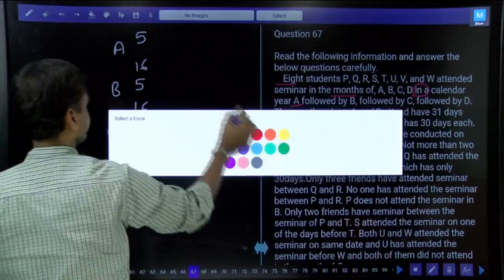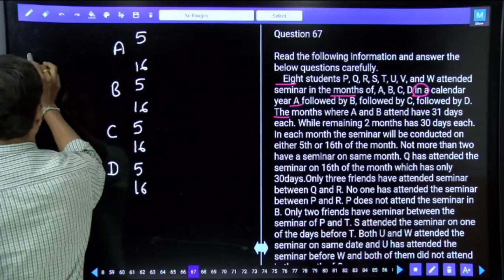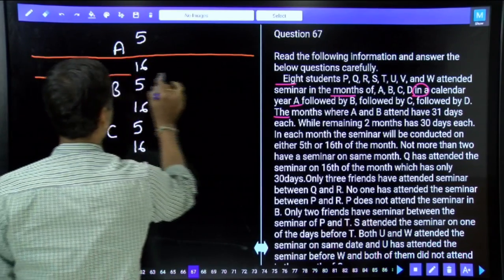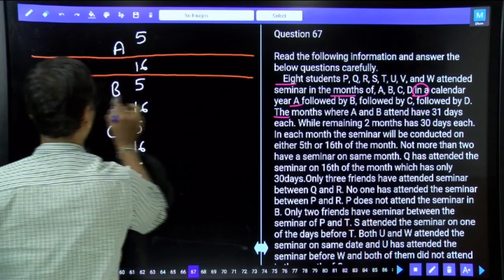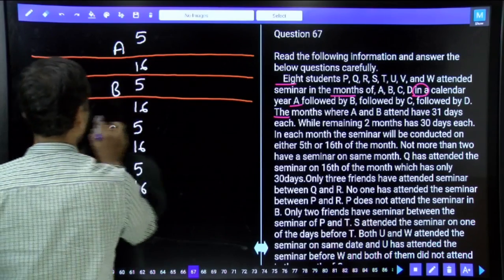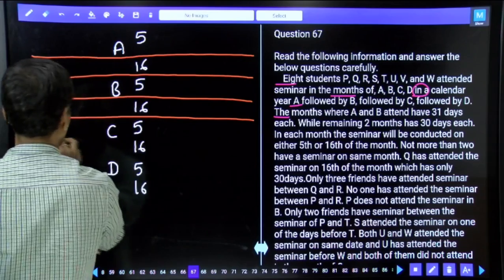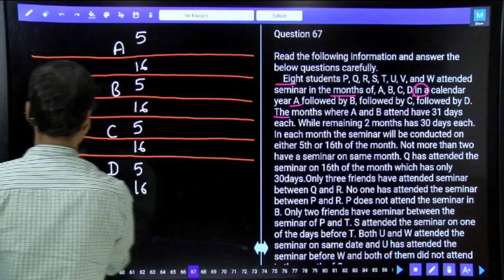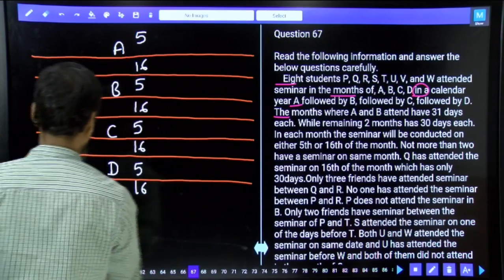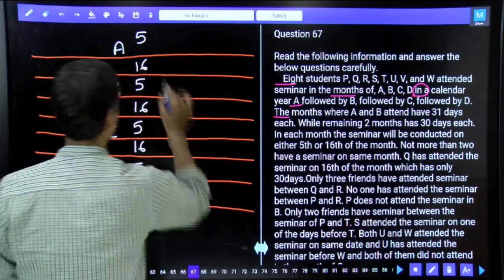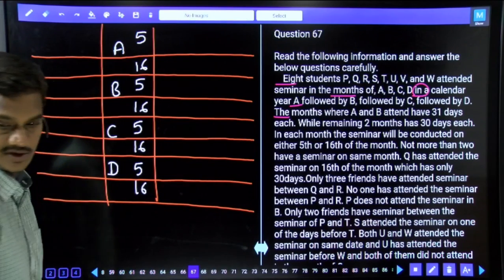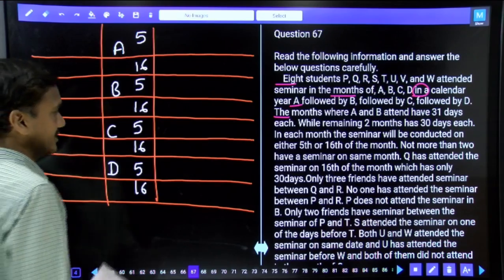Then extend the lines like this, wherein we can represent 2 cases simultaneously. Whenever months, dates, floors, or years are given, this is how you need to represent the data. Fix them at the center and extend the lines like this, wherein you can work out 2 possibilities simultaneously. Clear now?